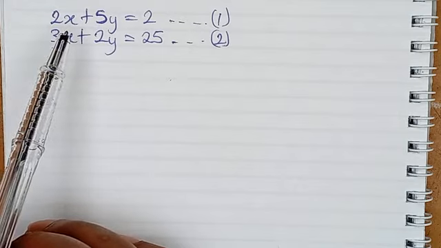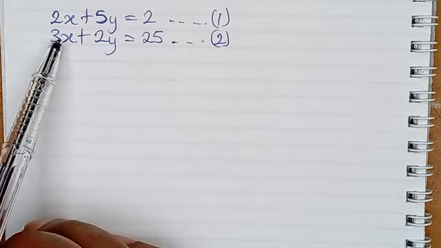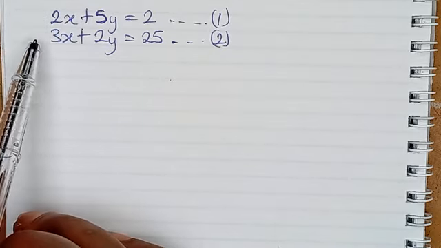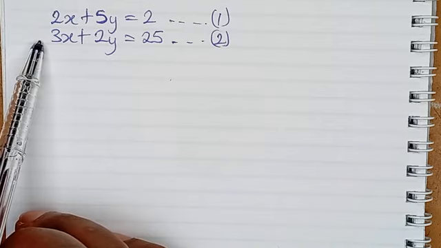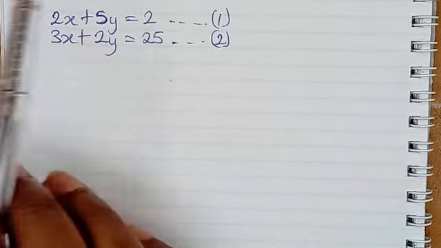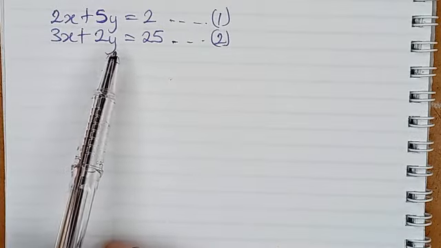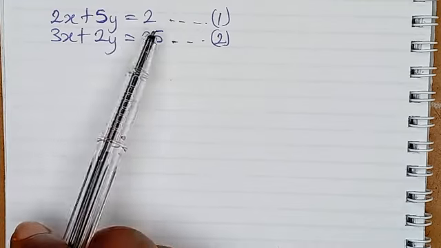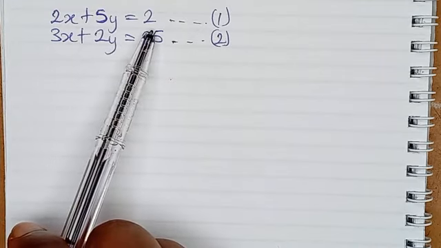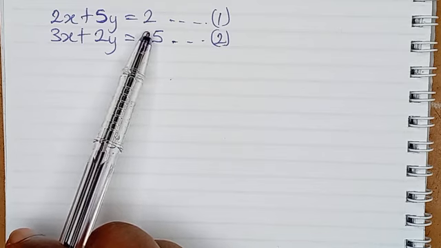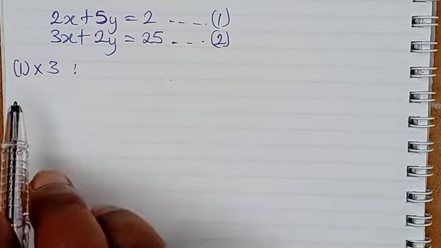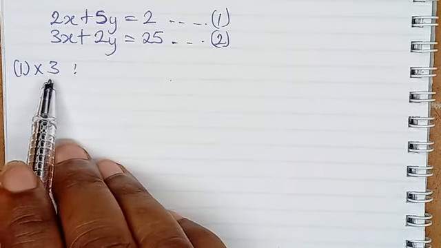But I prefer to go by smaller numbers, so multiply this by 3 and this by 2. Even after solving this, you can pause the video and go by eliminating the coefficients of y, and then let's see.